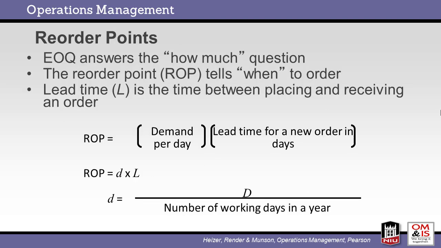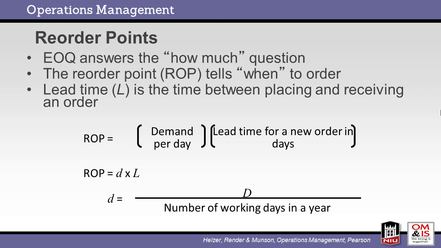Now we move to the reorder point. The EOQ tells us how much to order, while the reorder point, or ROP, tells the team when to order the next quantity of material from the supplier. For this calculation, we need to know the lead time, L, how long after placing the order the material will be received.